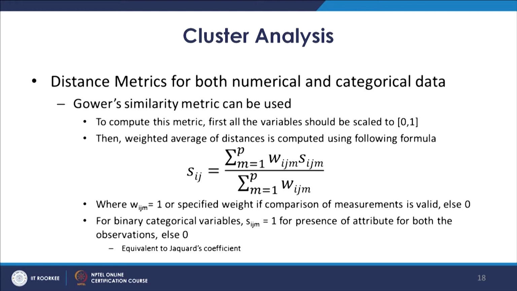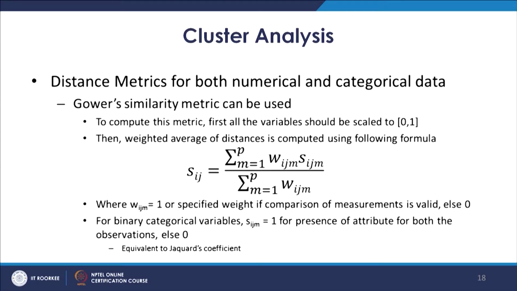To compute this metric, first all the variables should be scaled to 0, 1, and the reason for this is quite obvious because we also have categorical data in our data set. The categorical data could be ordinal or nominal, and typically we use dummy variables to code these categorical variables.